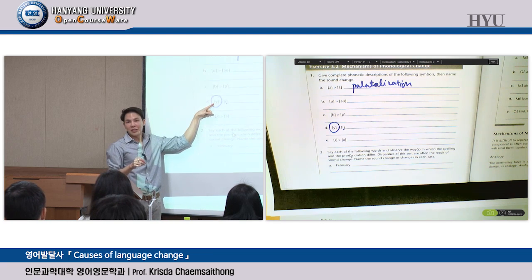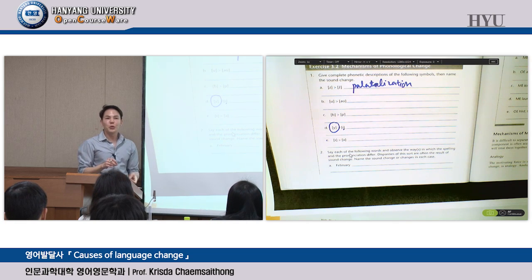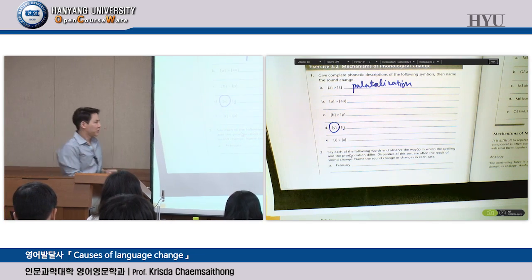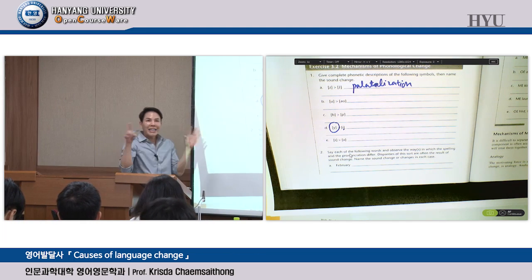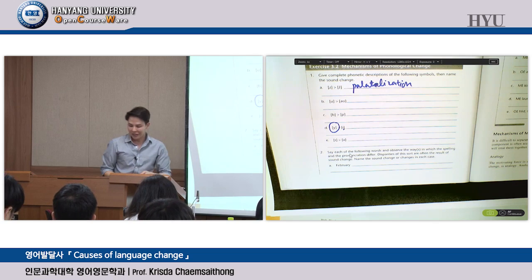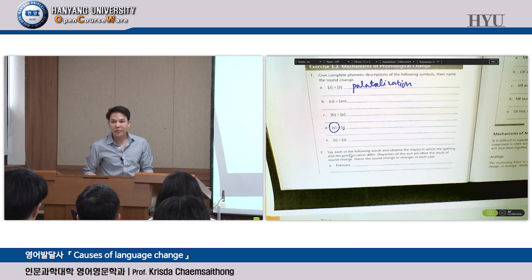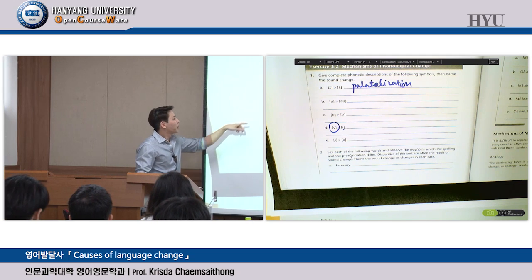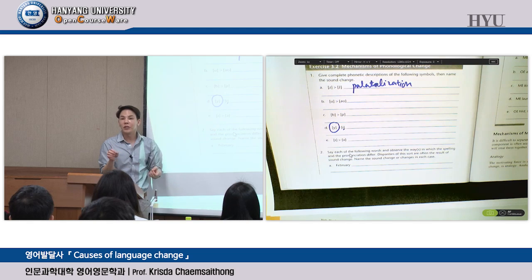So you just round it. E, E, E, like that. So it's E that is rounded. Number D. The process is unrounding.